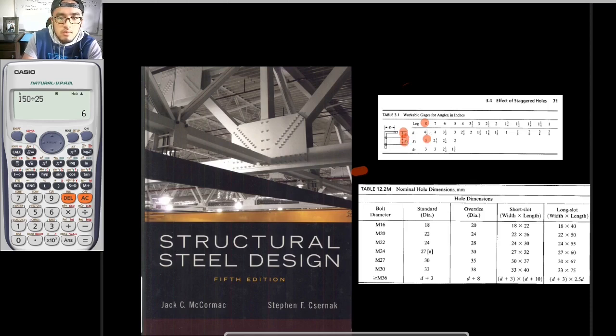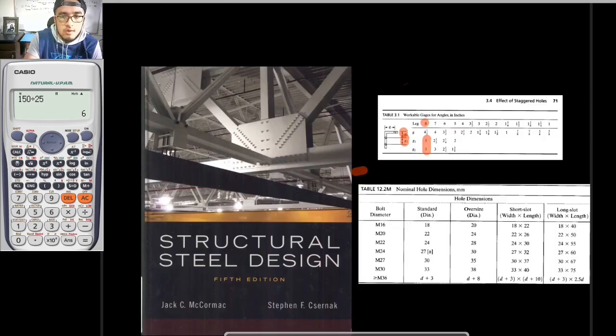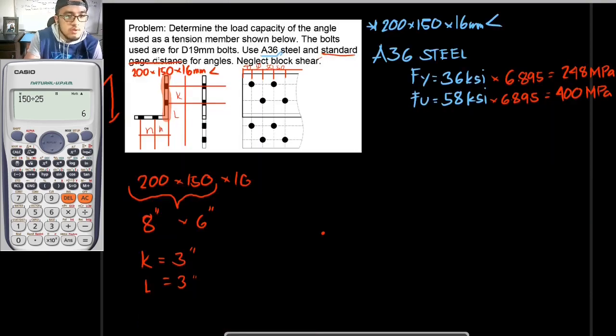So, our spacing for that side would be itong K and L. Sulat ko na lang. So, for K and L, that is to be 3 inches and 3 inches as well. So, that is to be K and L.